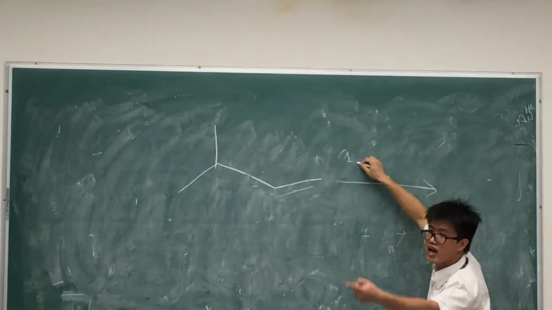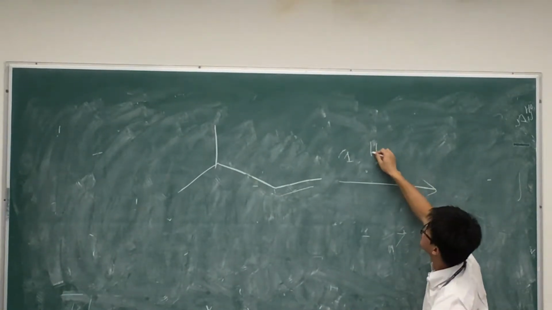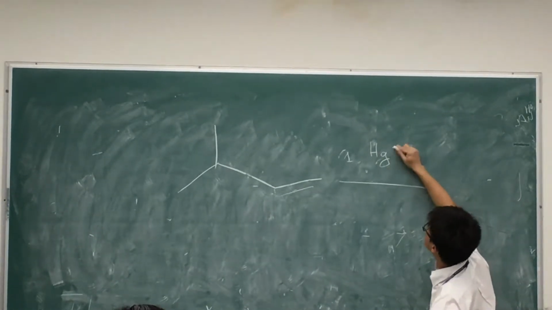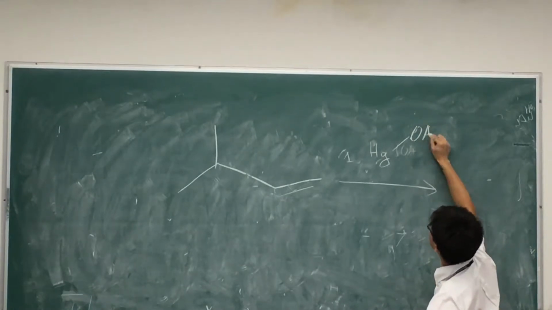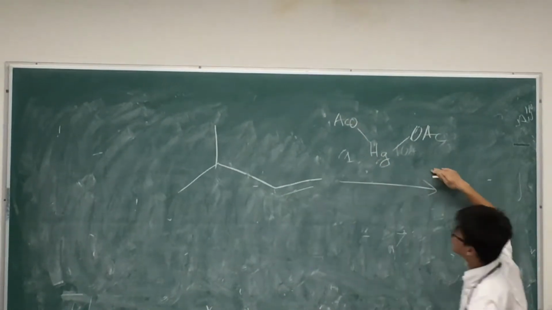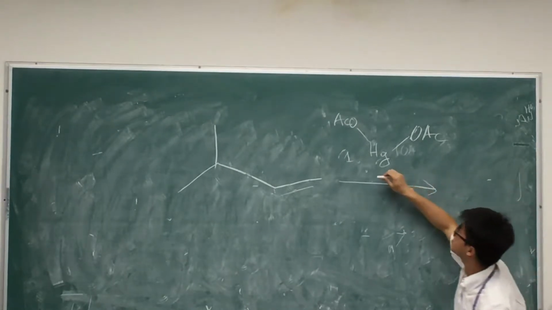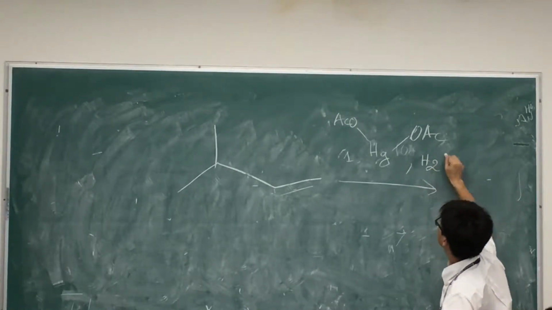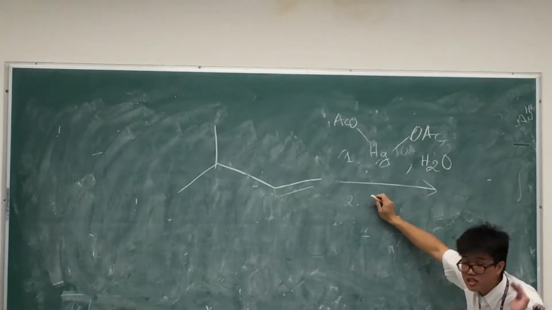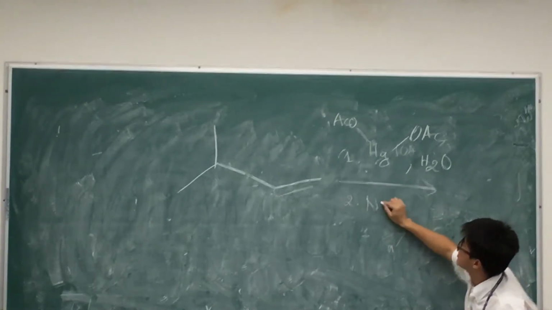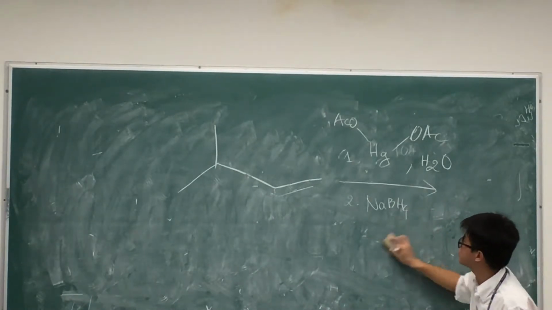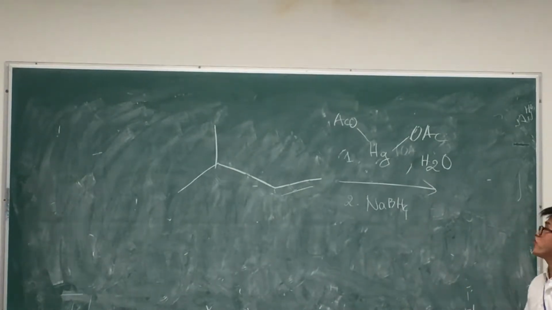The first one is mercury acetate, with water. And the second one, this one you need to memorize, I'm so sorry, is a reducing reagent, NaBH4.